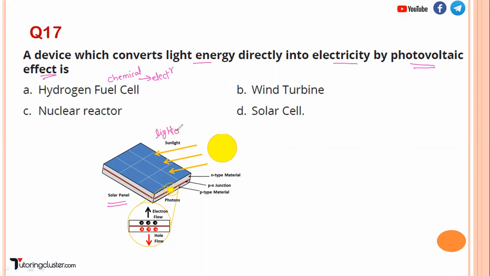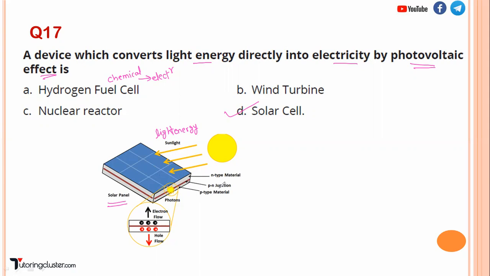This light energy gets converted into electrical energy. So what is the correct answer? Solar cell. A solar cell is a device which converts light to electrical energy. Electron flow will be there, and that is nothing but electricity. So remember how this solar panel works.